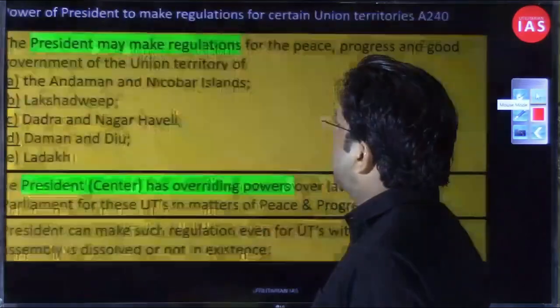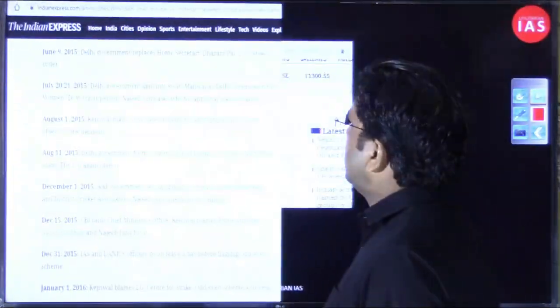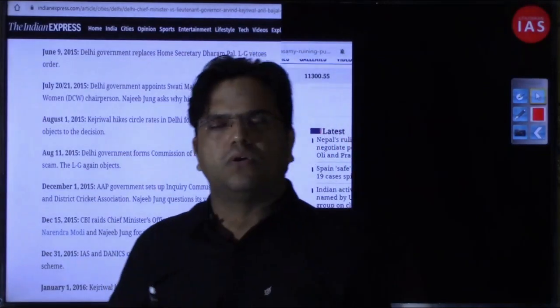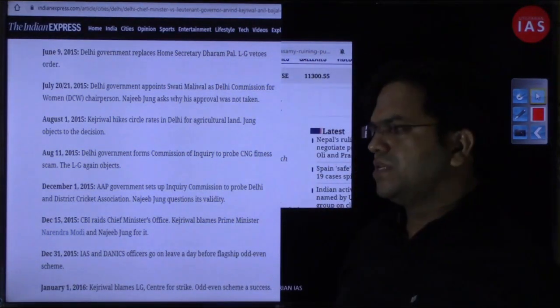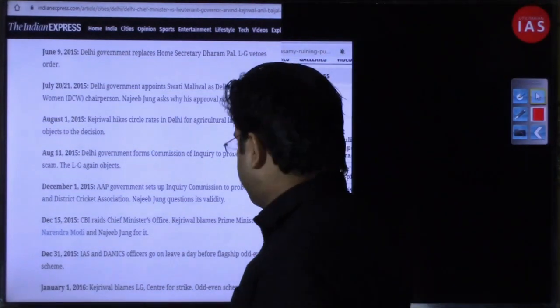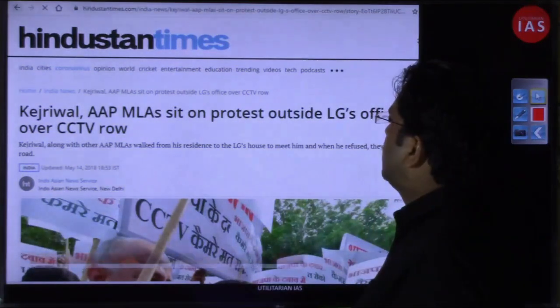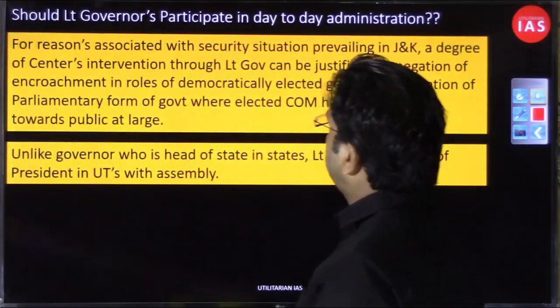I have taken a snapshot of the Indian Express where the timeline has been attached. So here, with the timeline, you can see on what all points you had skirmishes between the elected Council of Ministers of Delhi and the Lieutenant Governor. So these are the stories, right, that you do have. And then, what was the Supreme Court's opinion? These points I will not read, these stories I will not point out, right.